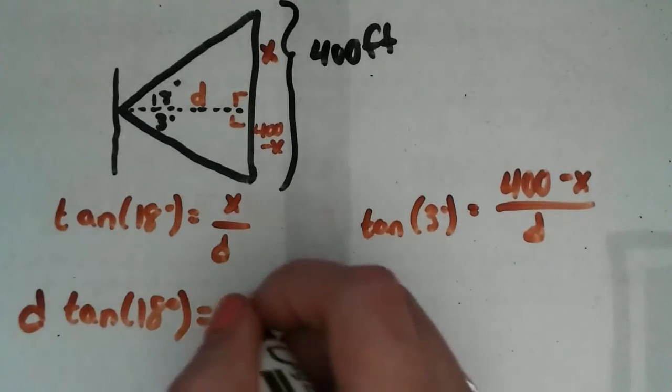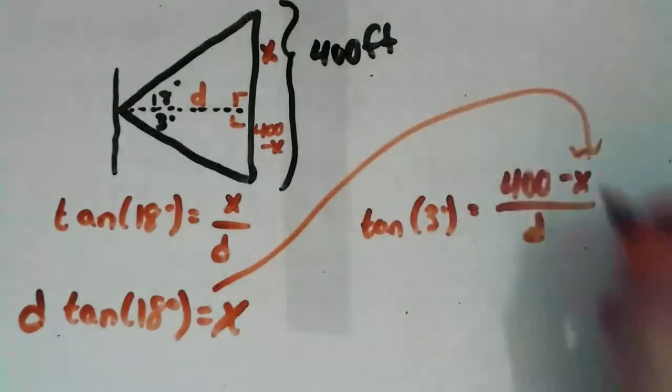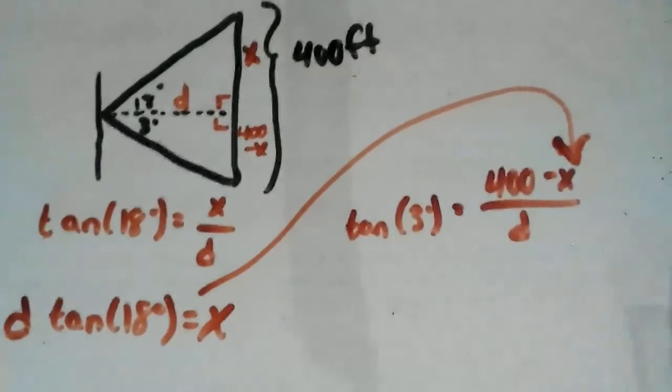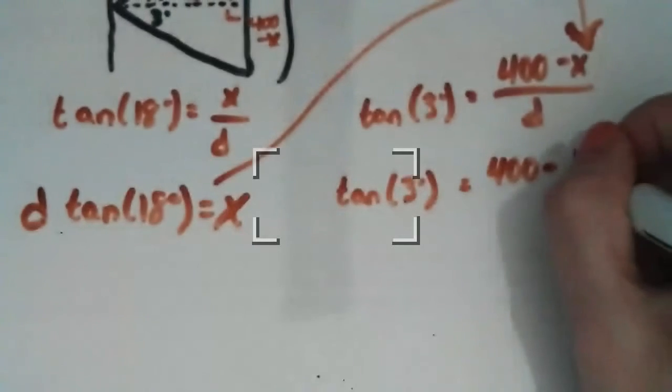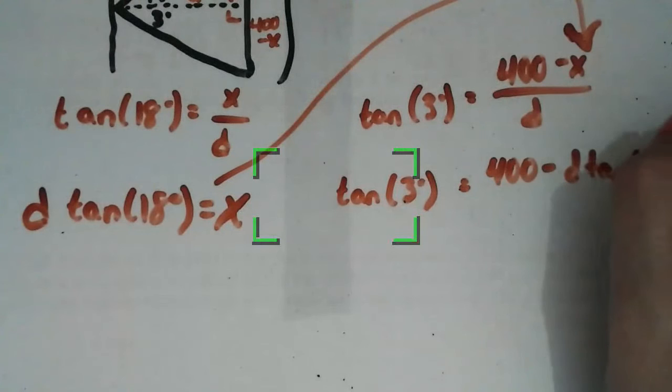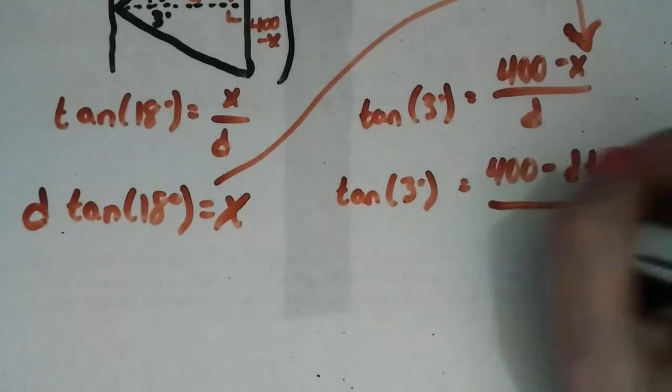But now that I know what X is, I can plug it into my other equation. Let's see if we can run with that. The tangent of 3 degrees is equal to 400 minus what X is. We just said that X is D times the tangent of 18 degrees.